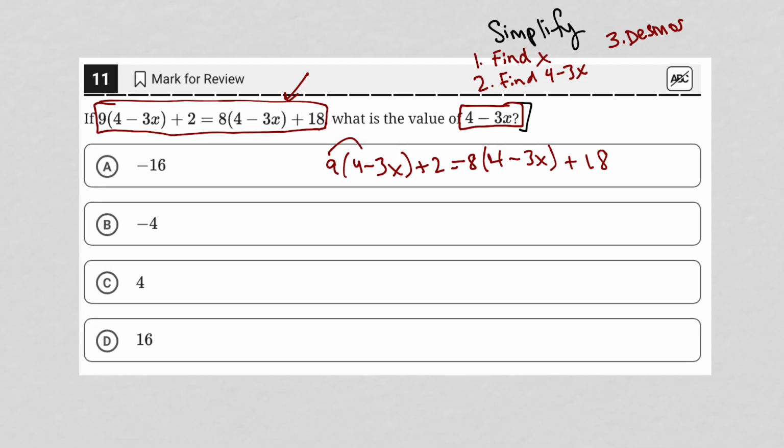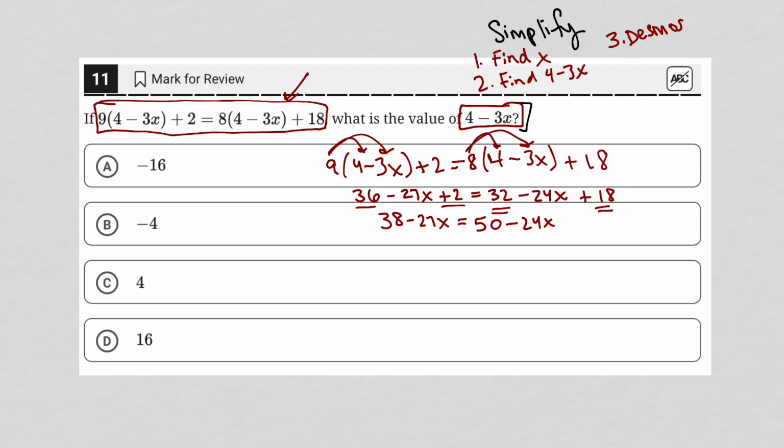We can simplify by distributing the 9 and distributing the 8. 9 times 4 is 36. 9 times negative 3x is negative 27x plus 2 is equal to 8 times 4 is 32 minus 24x plus 18. Combining like terms on the left-hand side leads me to 38 minus 27x, equals, combining like terms on the right-hand side, 50 minus 24x.